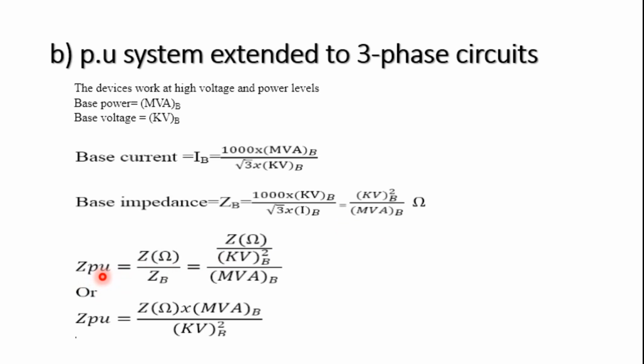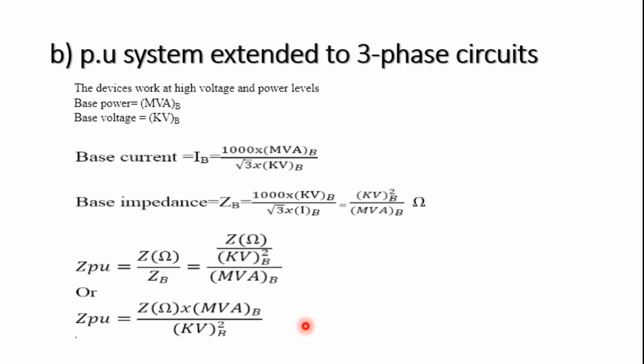Same thing, Z per unit is equal to Z in ohm divided by Z base. So Z in ohm divided by Z base is equal to kV base square divided by MVA. So we get the final equation, that is Z per unit is equal to Z in ohm into MVA base divided by kV base square.